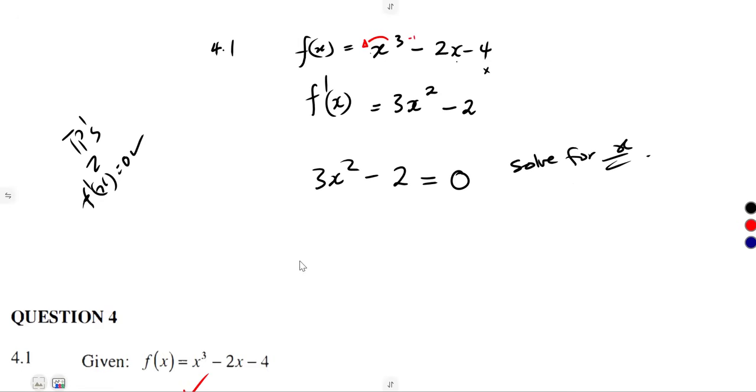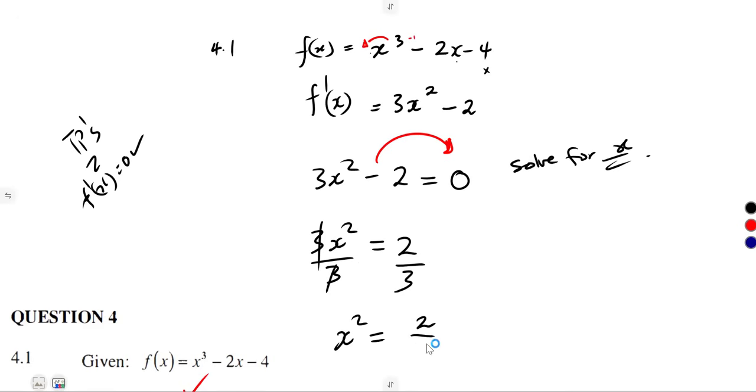It's a quadratic equation, so you can take the 2 to the other side, as we do not have the part of x. It's just x squared. So 3x squared is equal to minus 2, to the other side is going to be positive 2. Divide by 3 by 3. So x squared is equal to 2 over 3.